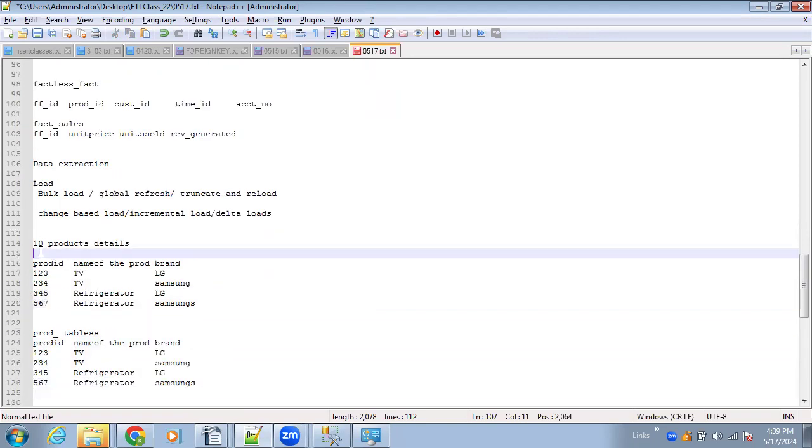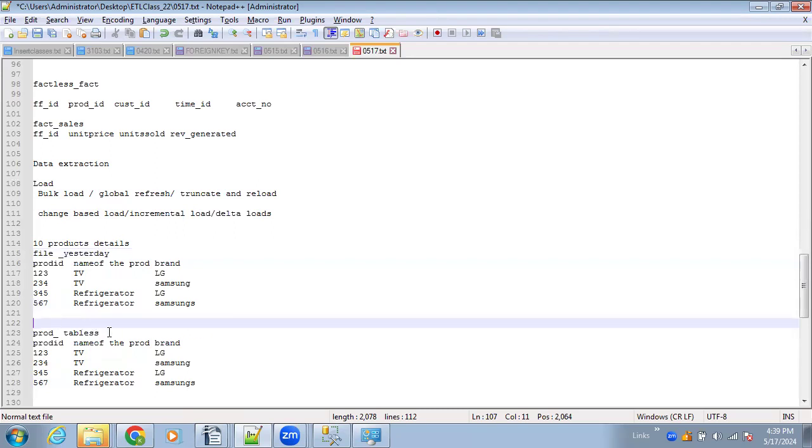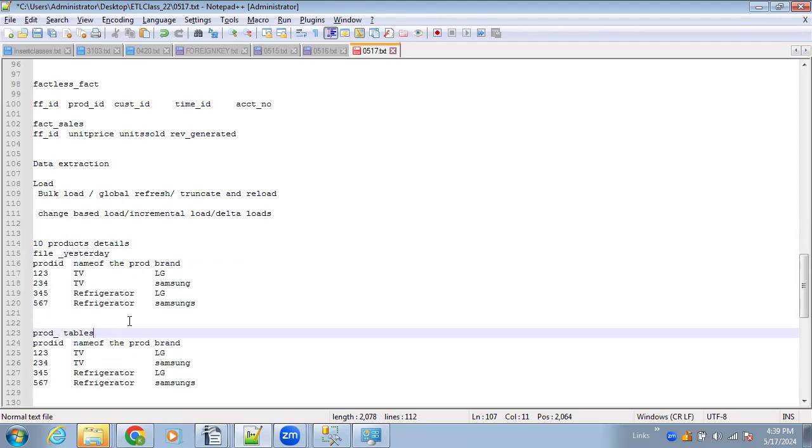This is the file you received yesterday. When the data load was performed, your dev people stored this into this table, product underscore table. All these details are available in your staging table.